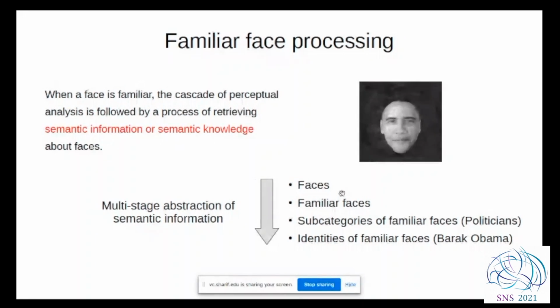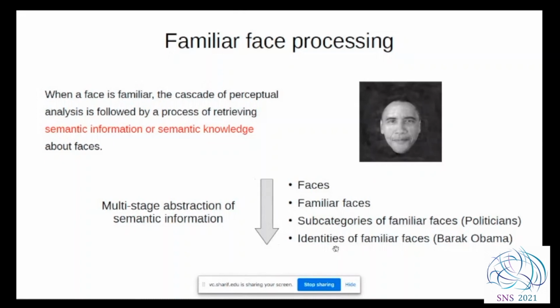This is a very general level of face recognition. At the next stage, you recognize it as a familiar face. And then you also recognize the occupation of this face. So he's a politician. So you assign this face to a specific subcategory of familiar faces.